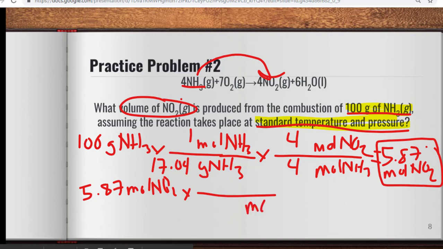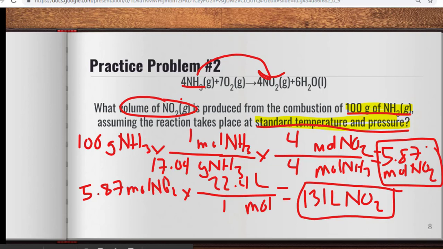We're going to go from moles to liters, and 1 mole is 22.4 liters. So when we do this, we're going to get our final answer. Using 3 significant figures, what we end up with is 131 liters of NO2.